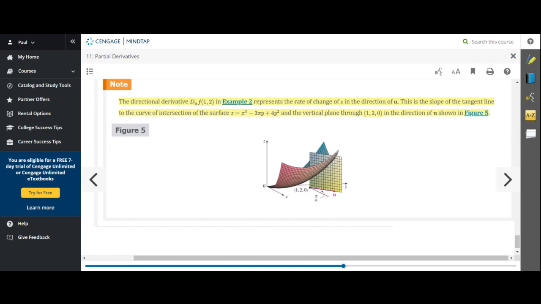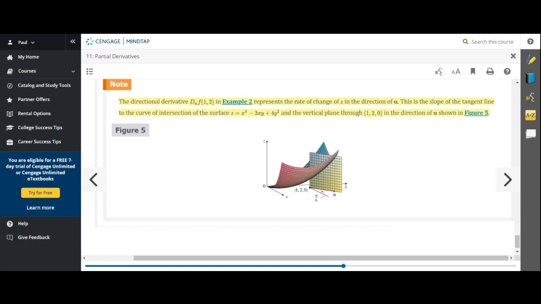If we're talking about slopes of surfaces, we want to be able to compute slopes in any direction. If you're talking about a mountain and you want to compute the slope of the surface in a certain direction, maybe that's where you're worried the avalanche is going to be coming from, you want to be able to compute the slope in that direction.